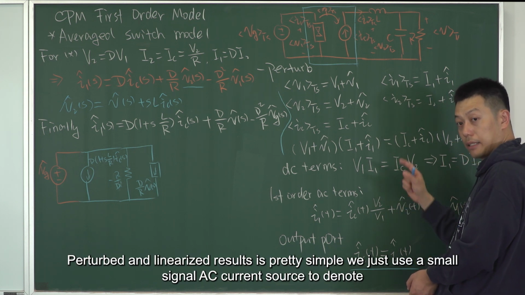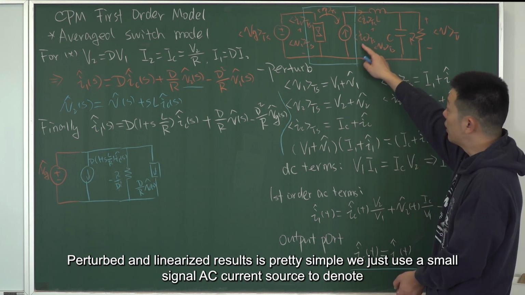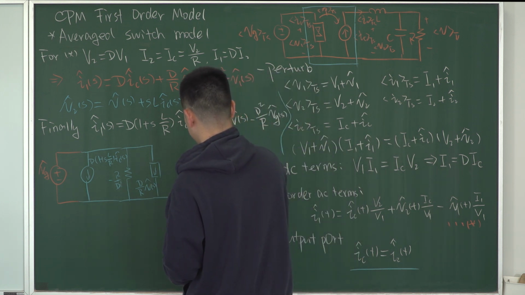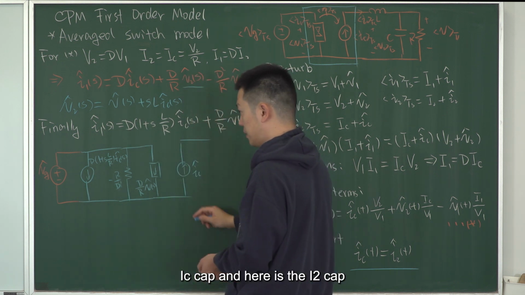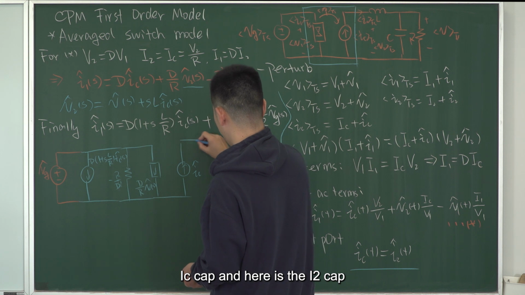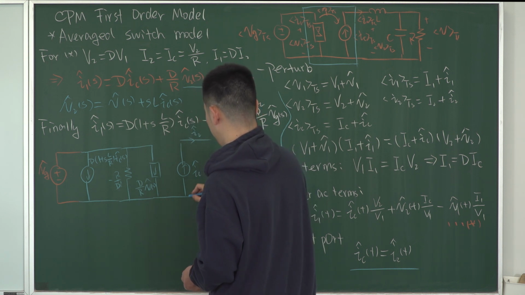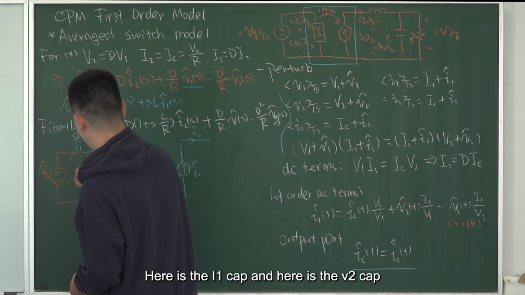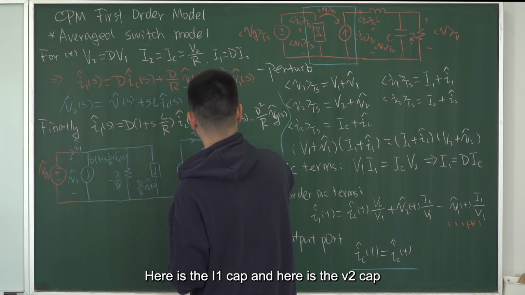We just use a small signal AC current source to denote this current source. IC cap, and here is the I2 cap. Here is the I1 cap, V1 cap, and here is the V2 cap.